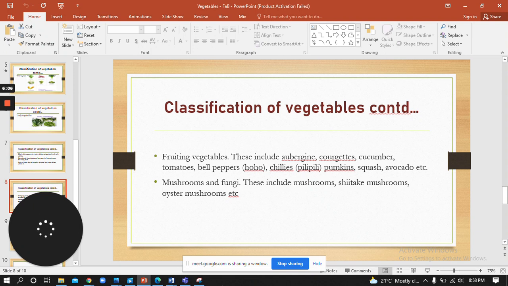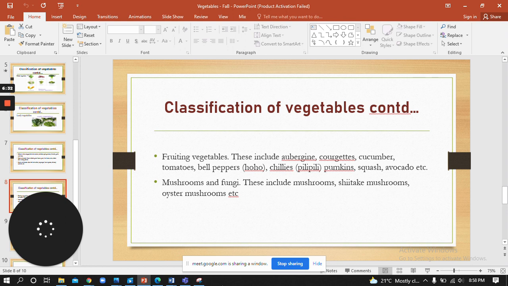Our next category are the fruiting vegetables. As the name suggests, in that particular plant in which they grow, they come as a fruit. This includes the courgette, as we mentioned earlier, the zucchini. We also have in this category cucumber, aubergine, tomatoes, bell peppers, which are the ones that we normally call pili pili hoho.